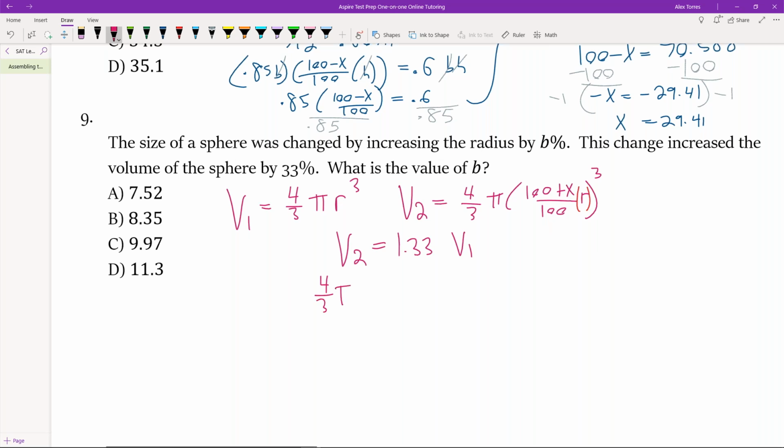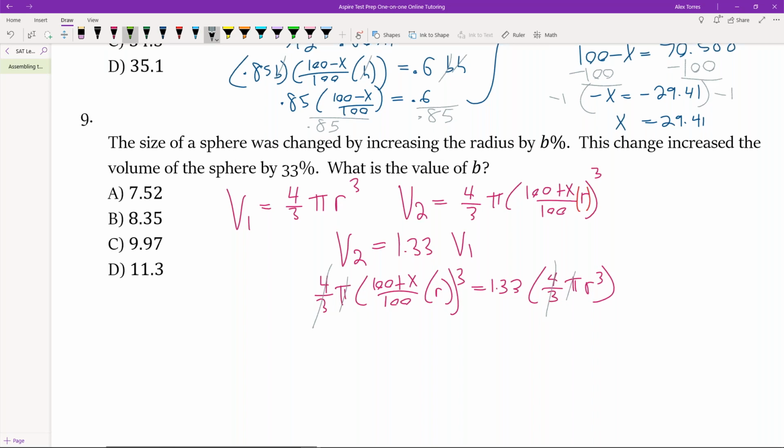Now we can fill back in. V2 is 4/3 pi times (100 plus x) over 100, all times r cubed, equals 1.33 times 4/3 pi r cubed. 4/3 cancels with 4/3, pi cancels with pi.